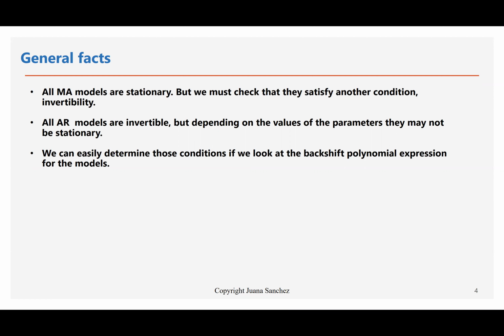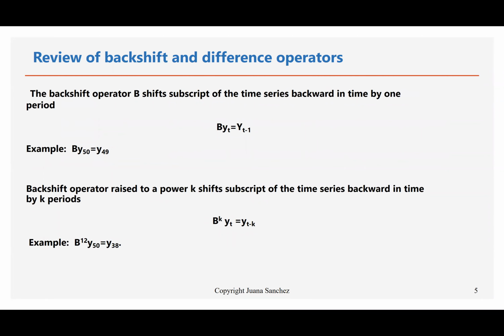So we can determine those conditions if we write the model in backshift polynomial form, which is what we have been practicing in the last 2 lectures. I remind you from previous lessons that the backshift operator is just this little B that we put in front of our time series, and B means that we are lagging the series 1 time.